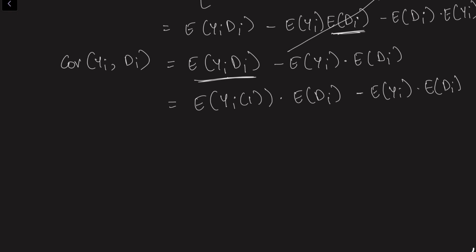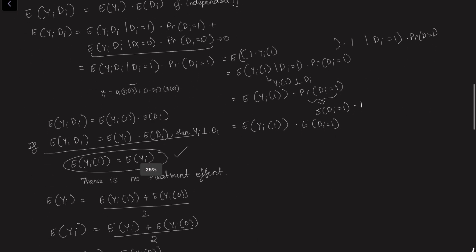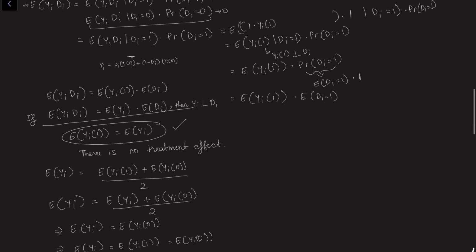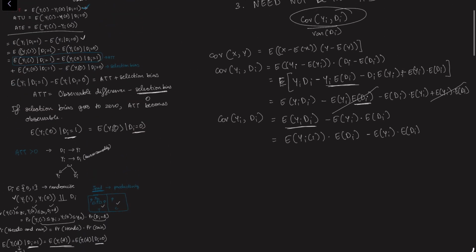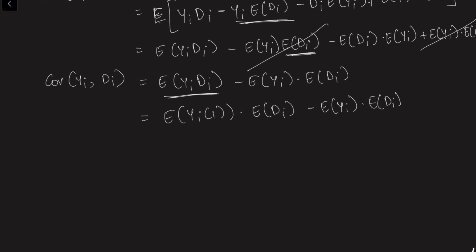If you don't remember, try to recollect, but mainly we are just using this proof where we try to understand if yi and di are independent, and we concluded that expectation of yi and di should be equal to this whole term. You can go back and look into that, but this is our final formula.